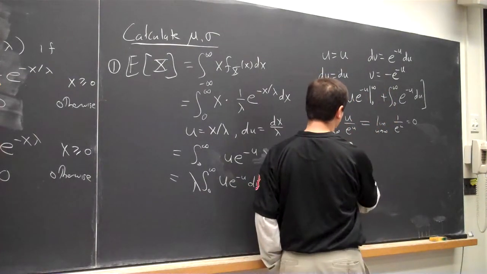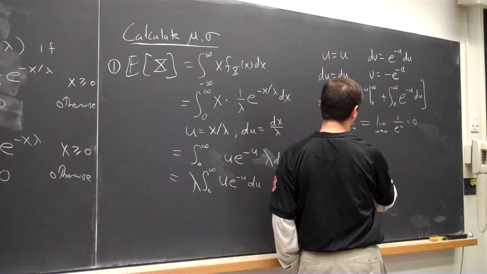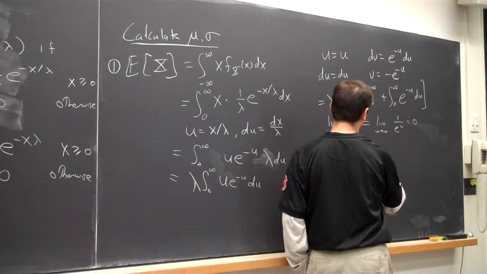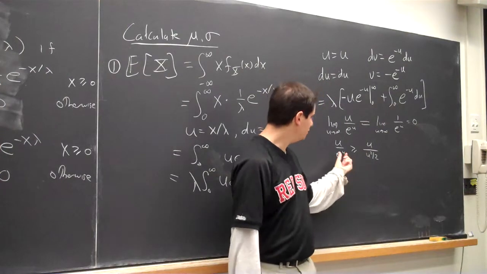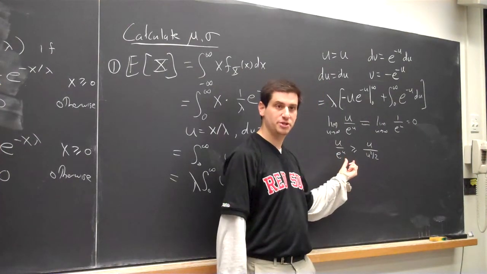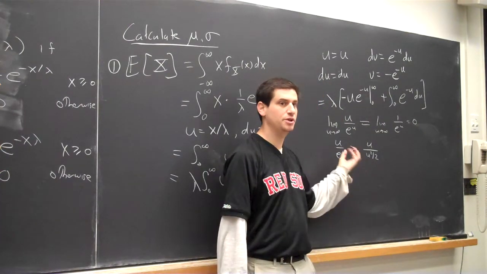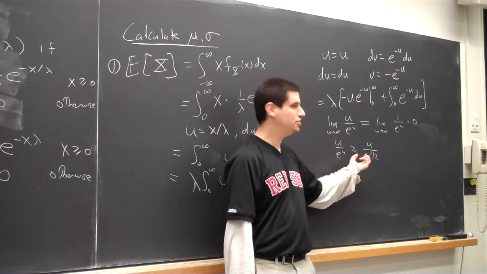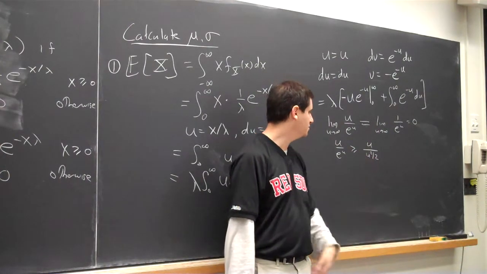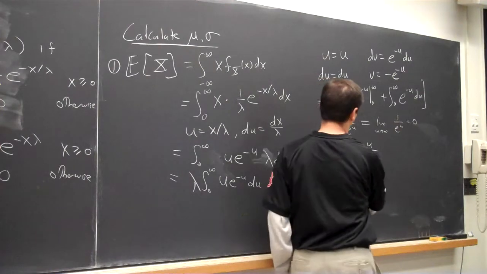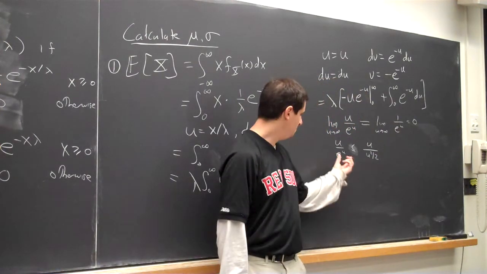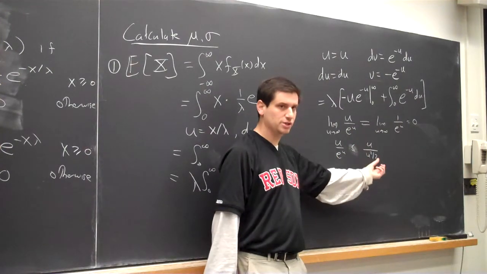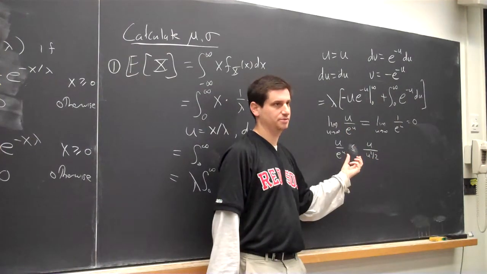Another approach would be u over e to the u is greater than or equal to u over u squared over 2. The reason is if I just keep one term in the Taylor series expansion of e to the u, I've made the denominator smaller, so the fraction is now larger.